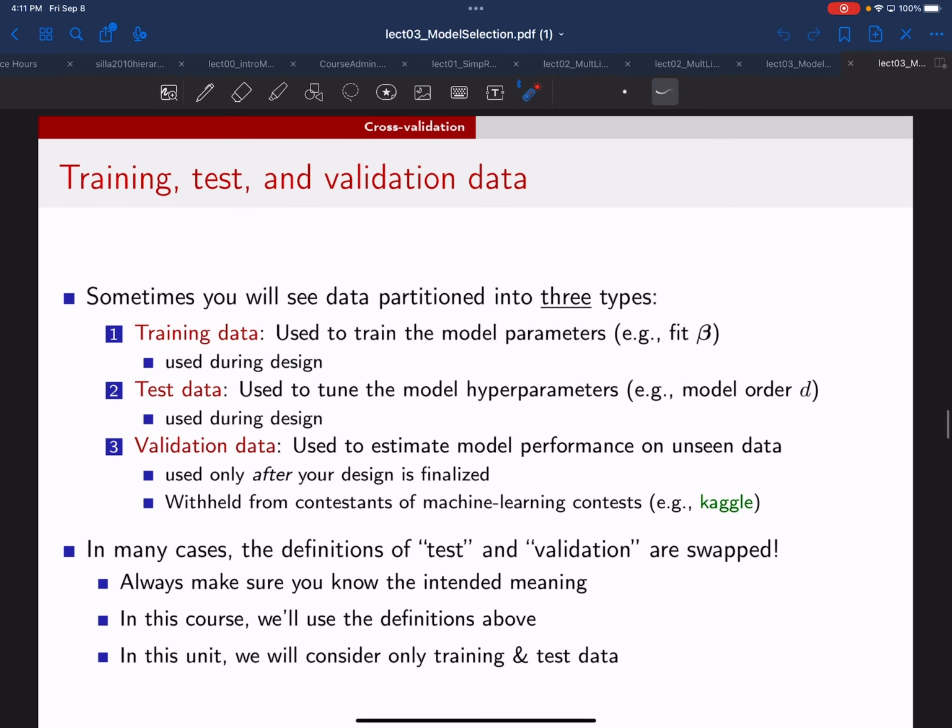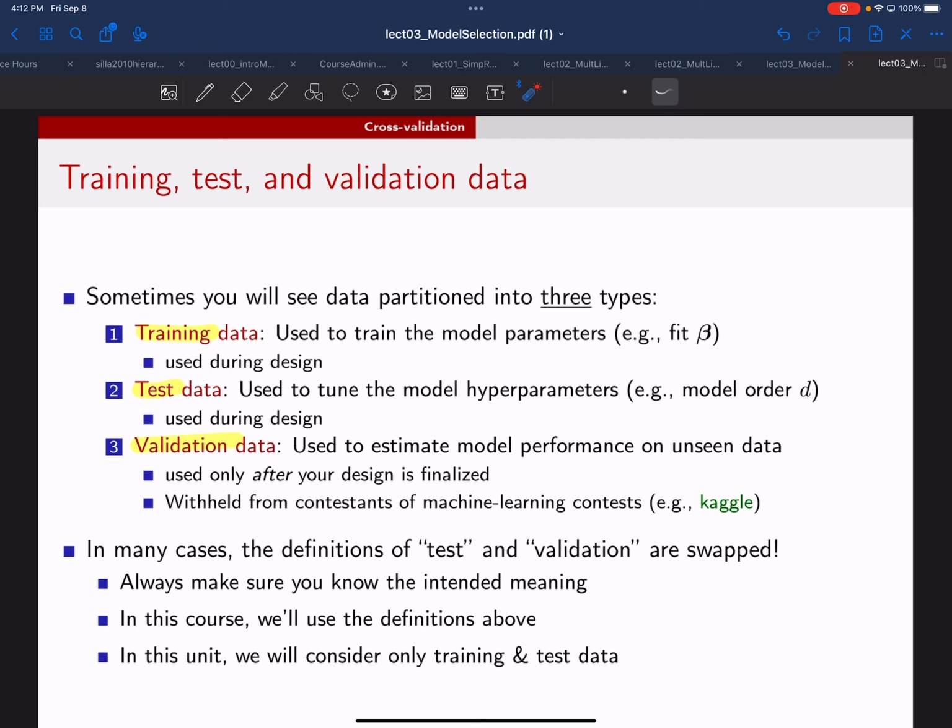But I wanted to bring up that sometimes there's a third fold, and usually people talk about it in terms of training, test, and validation. And so that third fold is something that you use once you've done your model fitting as well as your hyperparameter selection, and now you've come up with your final model that you think is good to use in the real world.